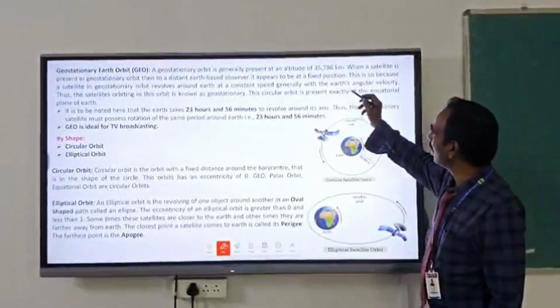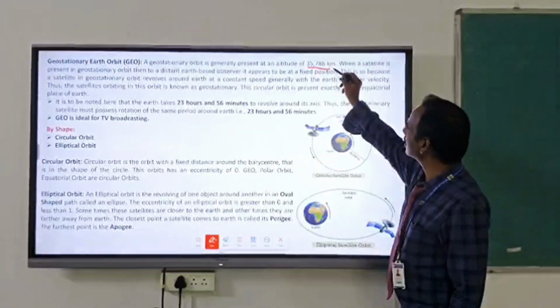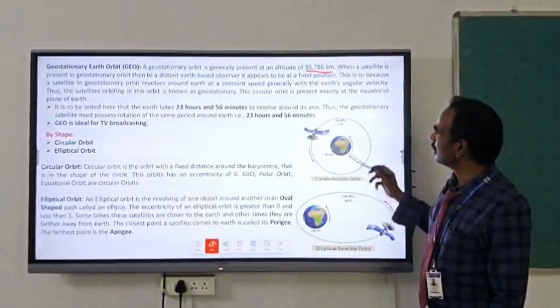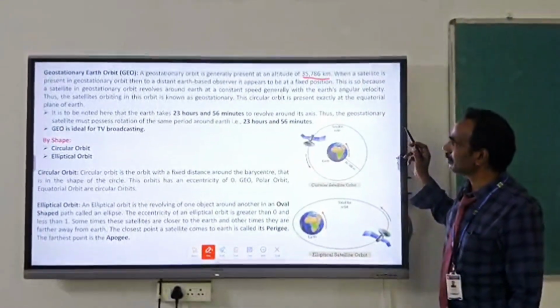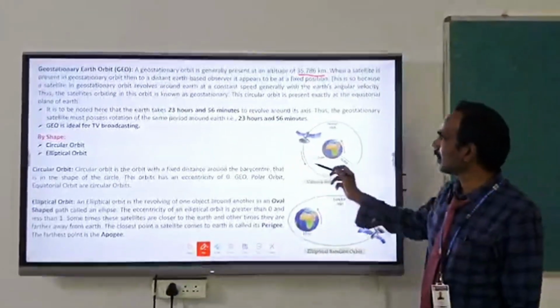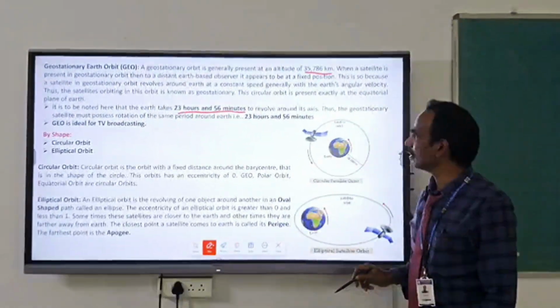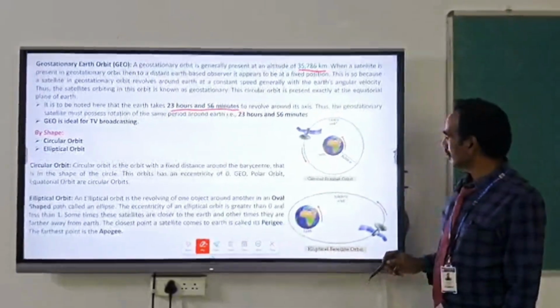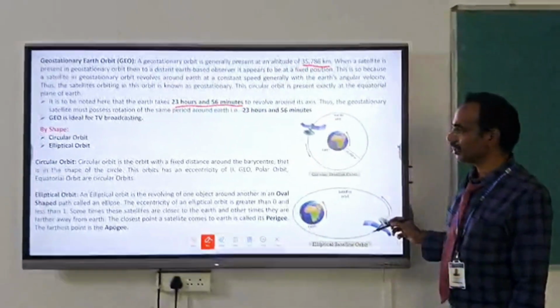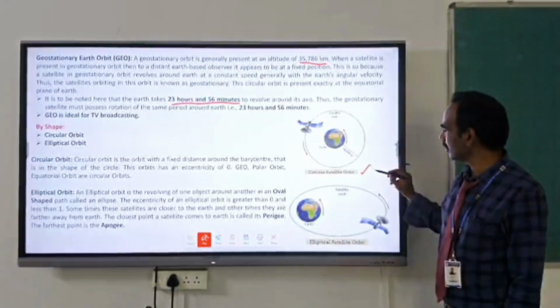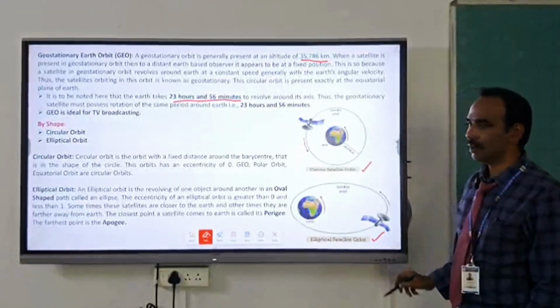Geostationary orbit has a height of 35,786 kilometers. It is used for DTH applications, and it takes around 23 hours 56 minutes to complete a single rotation. Based on the shape of the orbit, this is further classified into circular orbit or elliptical orbit.